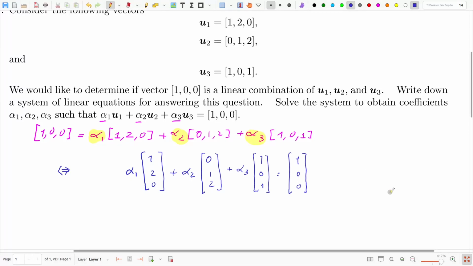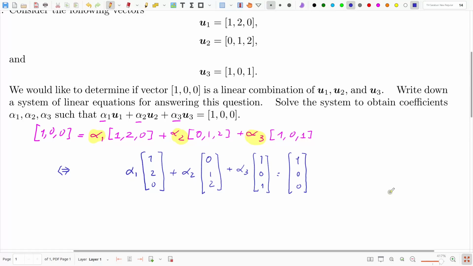I only write the vectors as column vectors instead of using list form. From this, can you express this vector equation as a system of three linear equations?